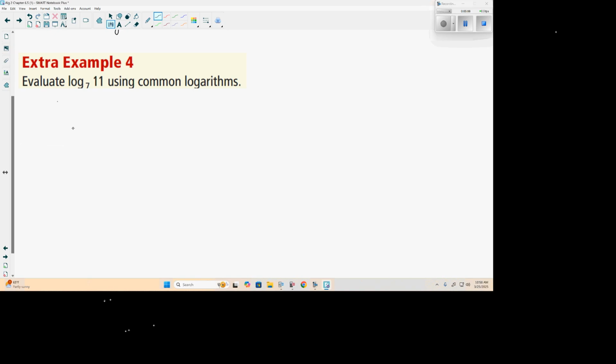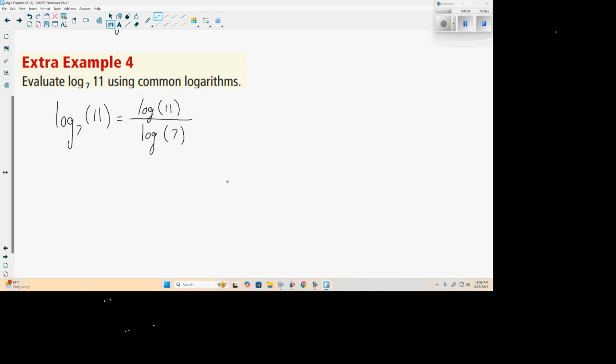Let's look at the second one. Log base 7 of 11. So if we use the change of base formula, we'd have what on top? Log of 11 over log of 7.